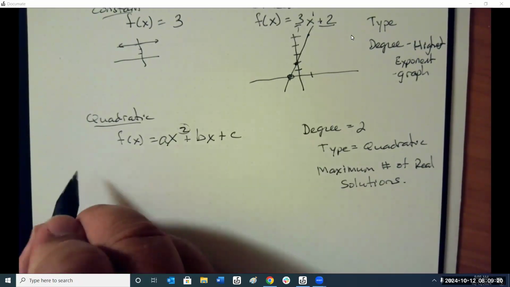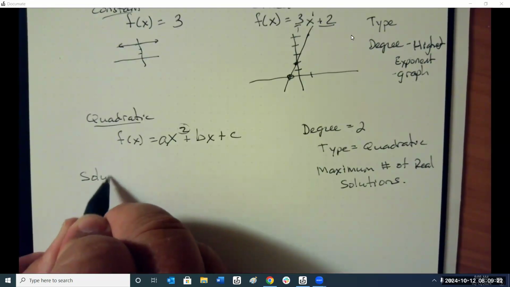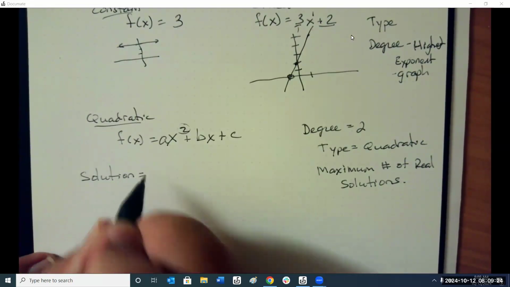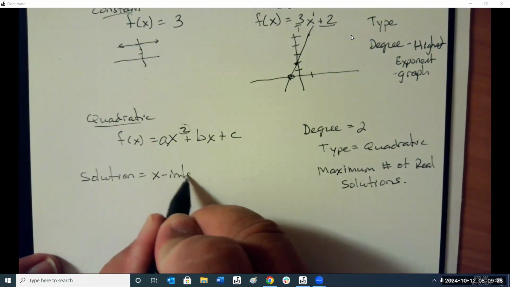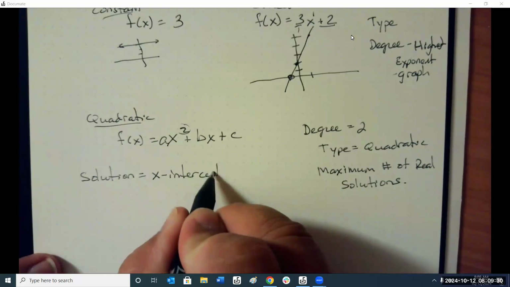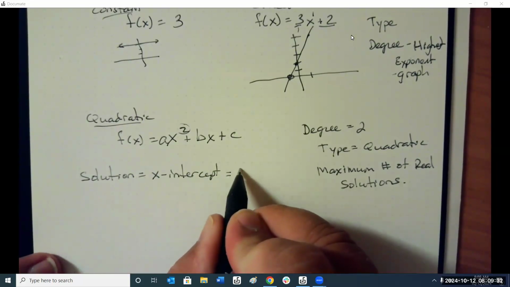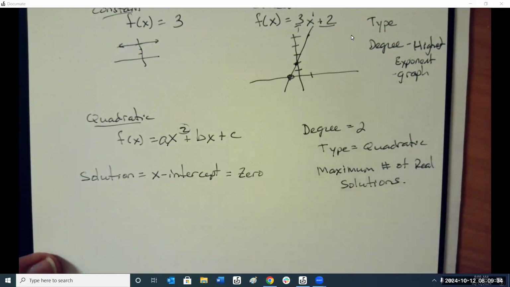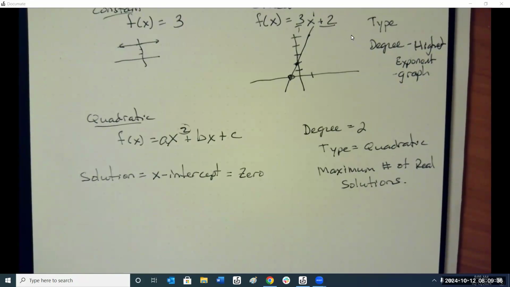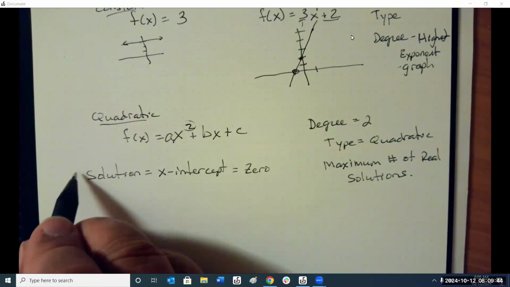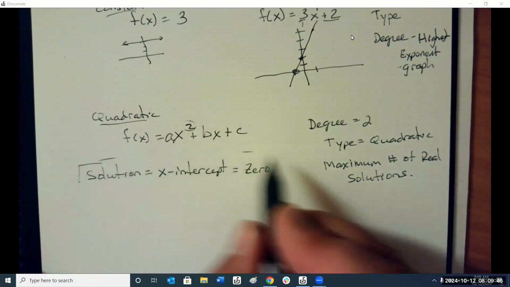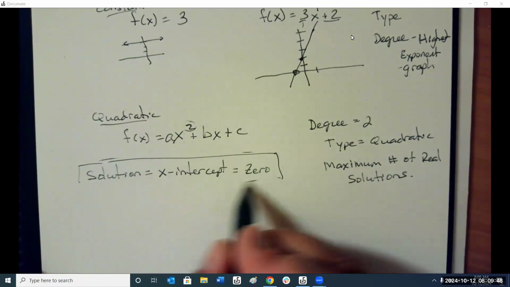Always remember, a solution is the same thing as an x-intercept. Or as we also say, it's a 0. It's when we set y equal to 0 and find the x values. So we'll be building upon this term later on as well.